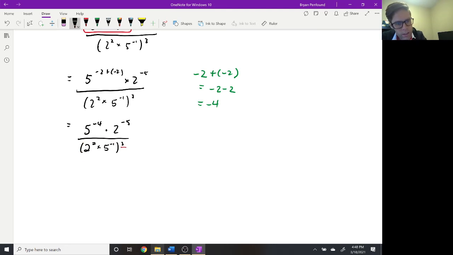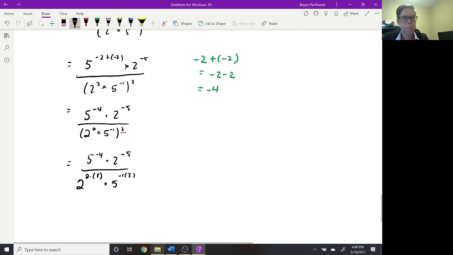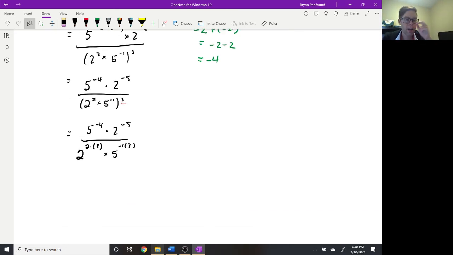So that's my goal next, is to distribute that power through the multiplication. So we're going to get 2 to the 2 times 3. And we're going to get 5 to the negative 1 times 3. Okay, so distributing that 3 across the multiplication. And then let's just multiply these integers down here at the bottom.